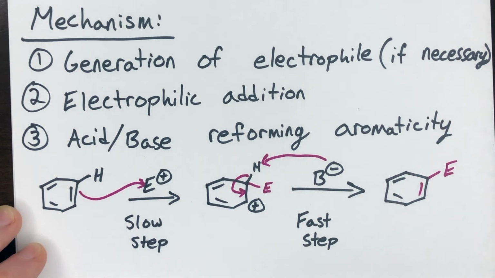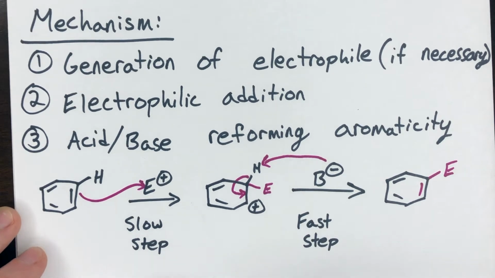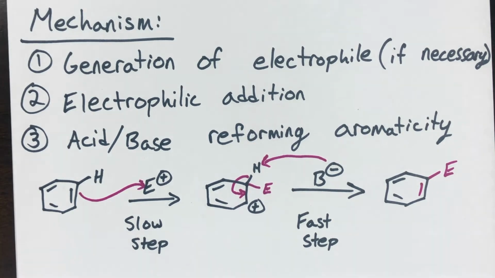There are 2 double bonds in conjugation, so you can have a total of 3 resonance structures to stabilize this positive charge. But that still doesn't make this a very favorable step because you're breaking aromaticity. And remember, aromaticity is an extremely stabilizing feature that does not want to break if possible. So that explains why this is a slow step.